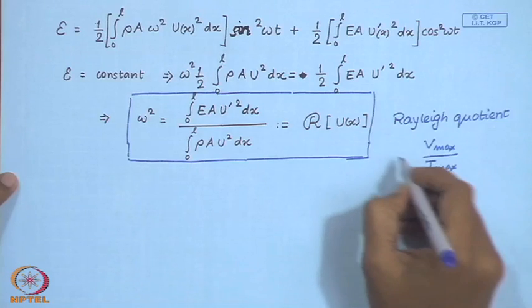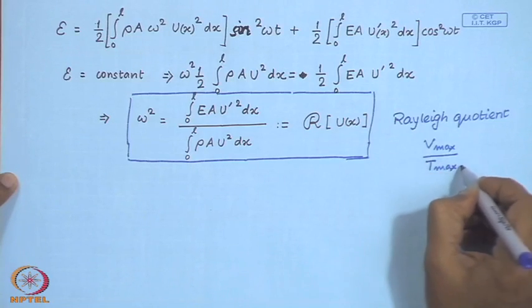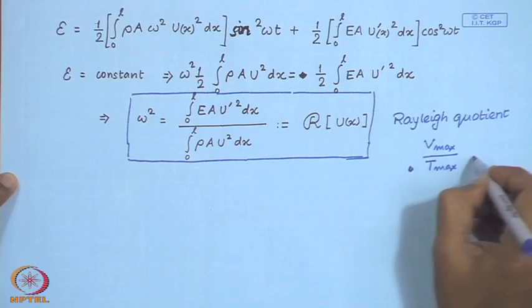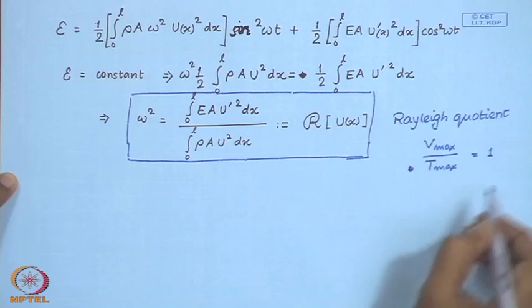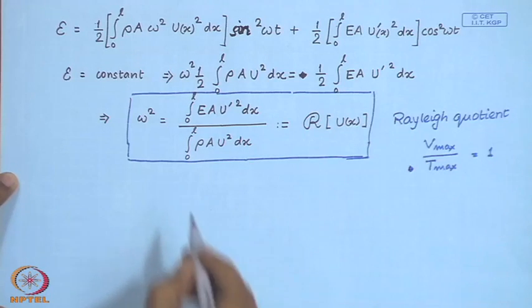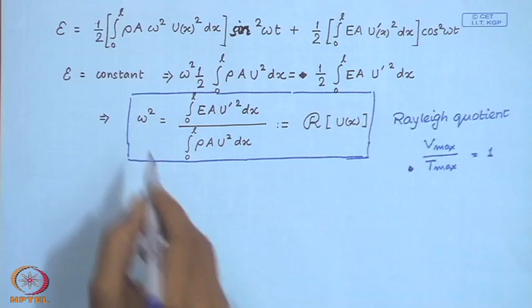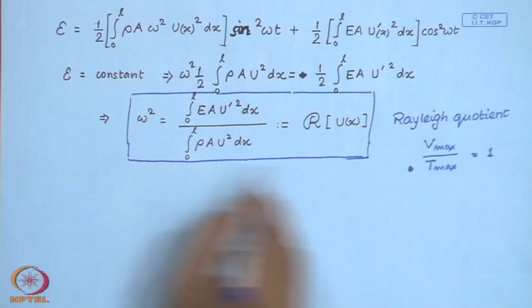So, from here we solve for omega square as we have done here.